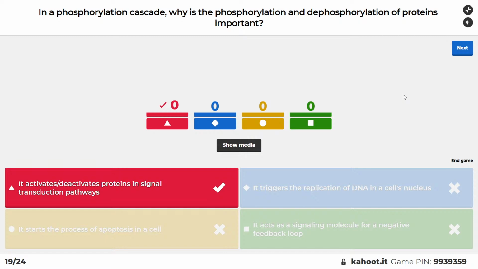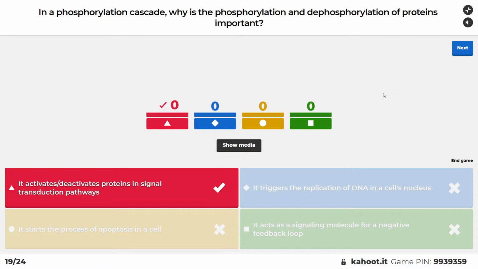So it's a signal cascade, right? Was that the name of it? Phosphorylation cascade. Yeah, it's in the prompt. All right, it's fine.